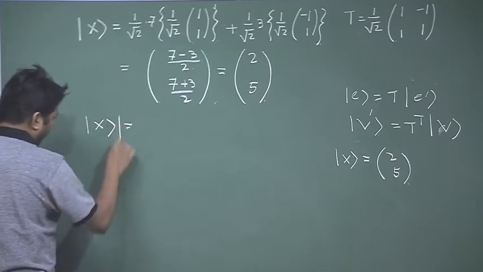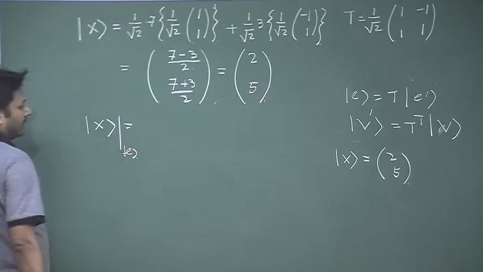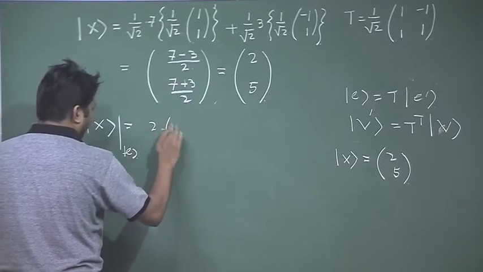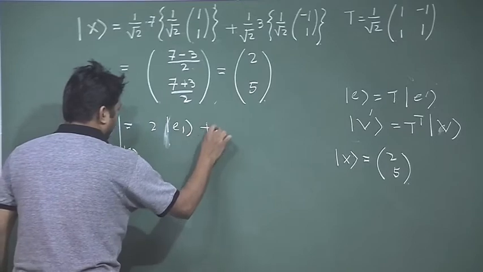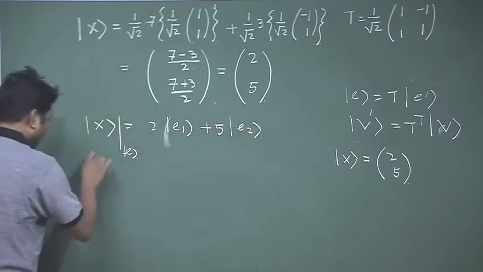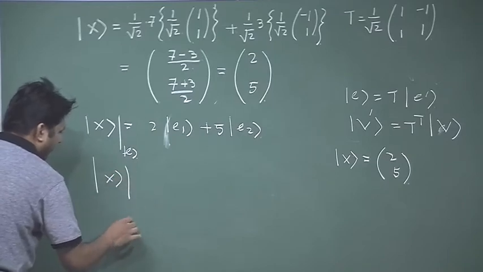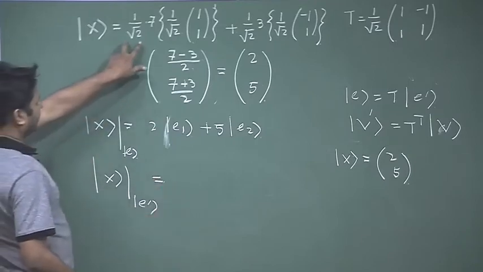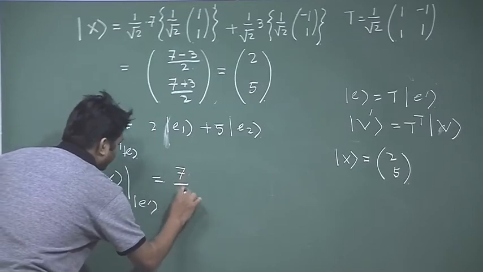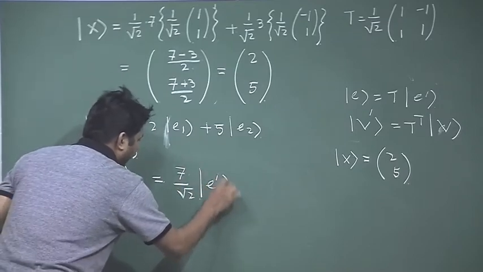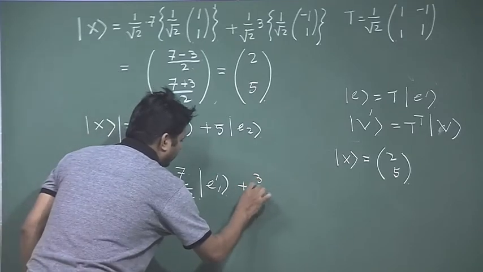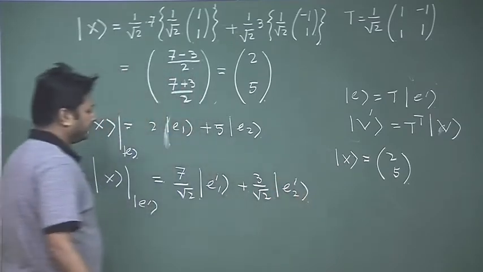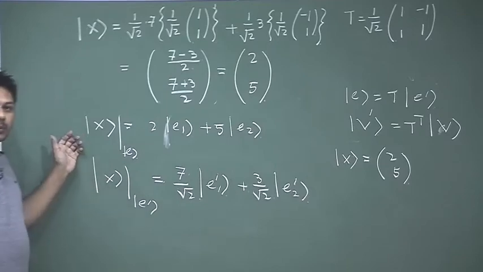So, x in the original natural basis is 2 E1 plus 5 E2. x in the prime basis is this component that I figured out, 7 by root 2 E1 prime plus 3 by root 2 E2 prime.